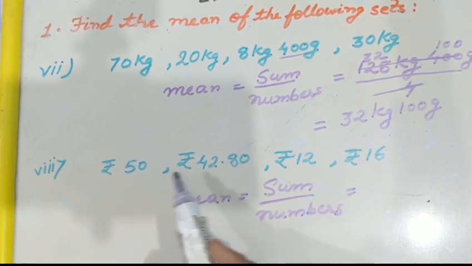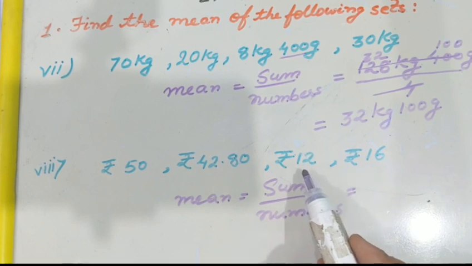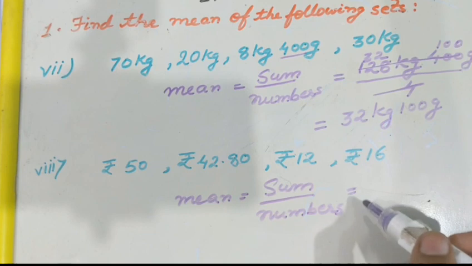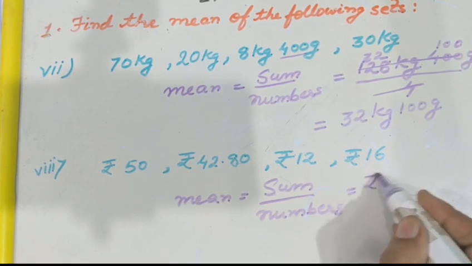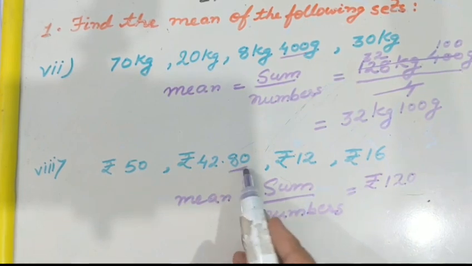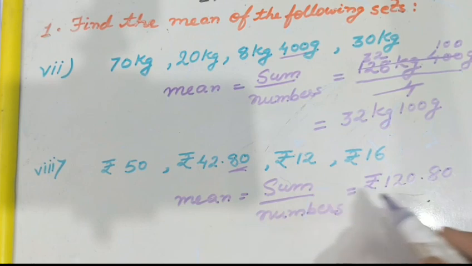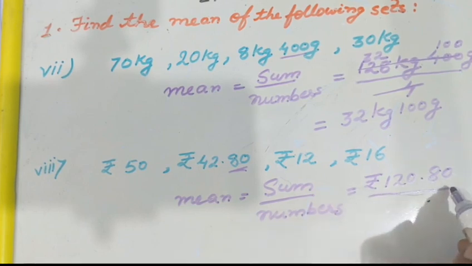So let's do it now. 50 plus 42 is 92, 92 plus 12 is 104, 104 plus 16 is 120 rupees. So 120 rupees and how many paise? 80 paise, 0.80. This is the sum of the observations upon the number of observations.